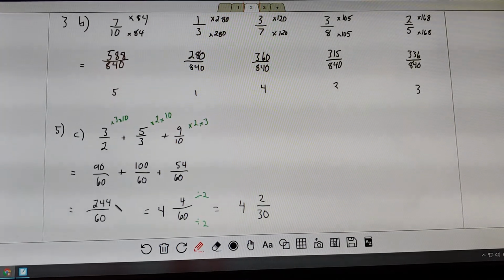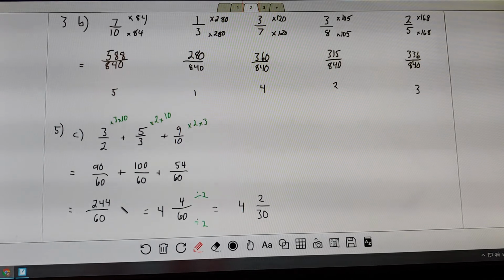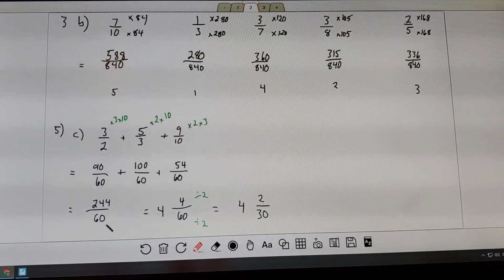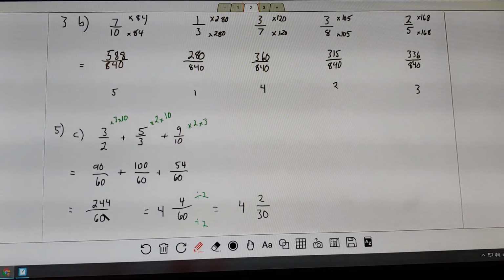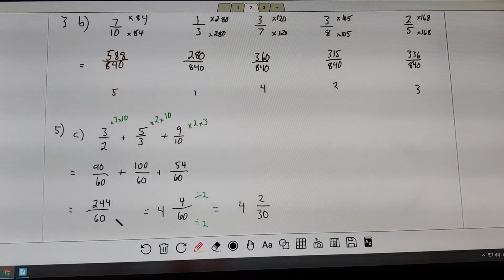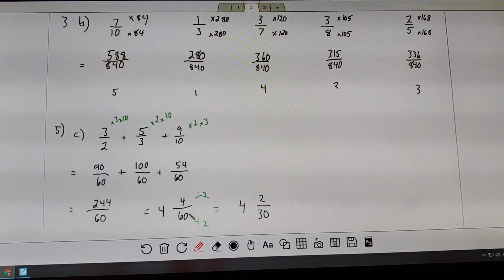Now we have an improper fraction, and I know I've been saying it a bunch and I've given it to you in your feedback for some of your assessment focuses. Please don't leave fractions like this. I want them as a mixed number in lowest terms, okay? So if I want to know how many groups of 60 fit in 244, well, I know that 6 times 4 is 24, so 60 times 4 would be 240, so that leaves me with 4 left over, and then I got to put this in lowest terms.